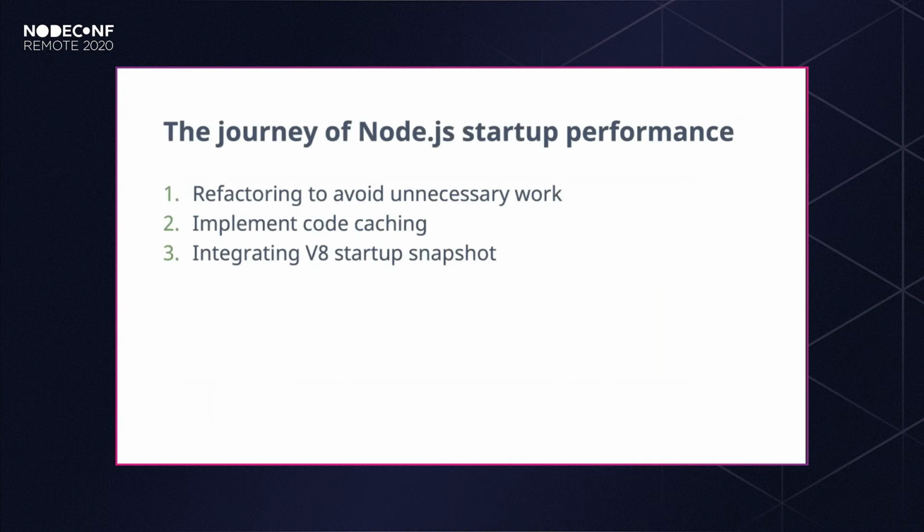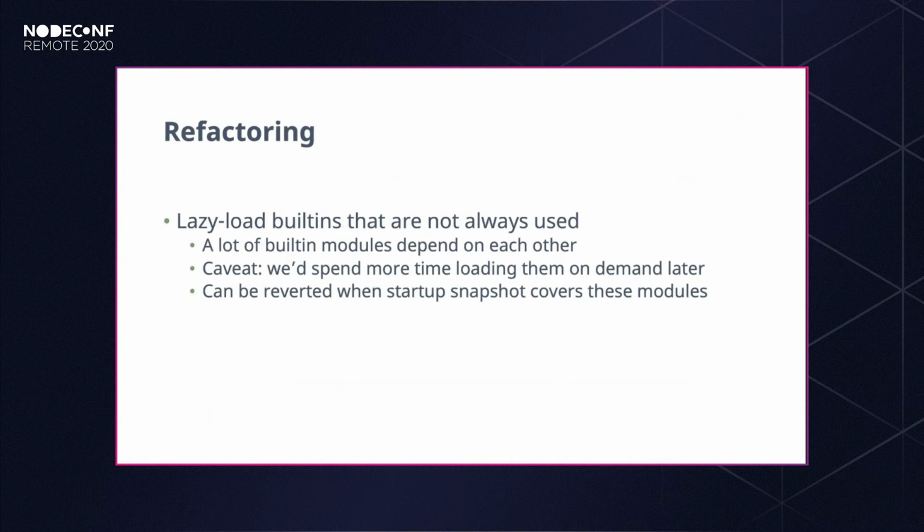Okay, now we've looked into the startup process. Let's see how we use these three tricks in some phases to reduce the startup time. First, refactoring. This is pretty straightforward. For example, a lot of built-in modules depend on each other, so we can lazy load built-ins that are not always used.